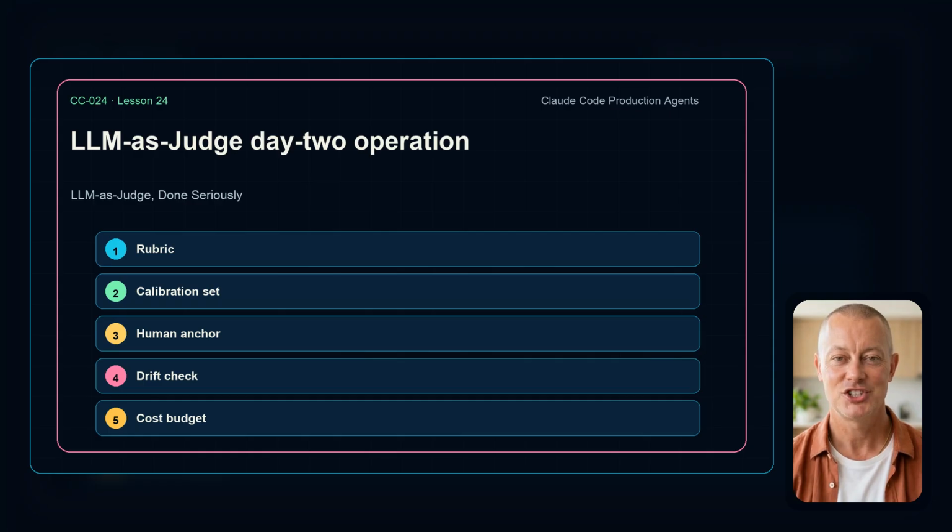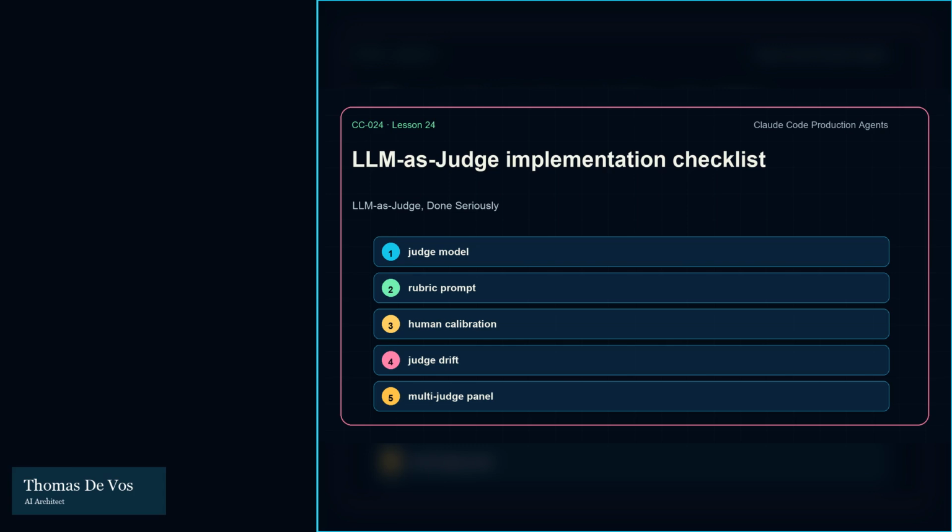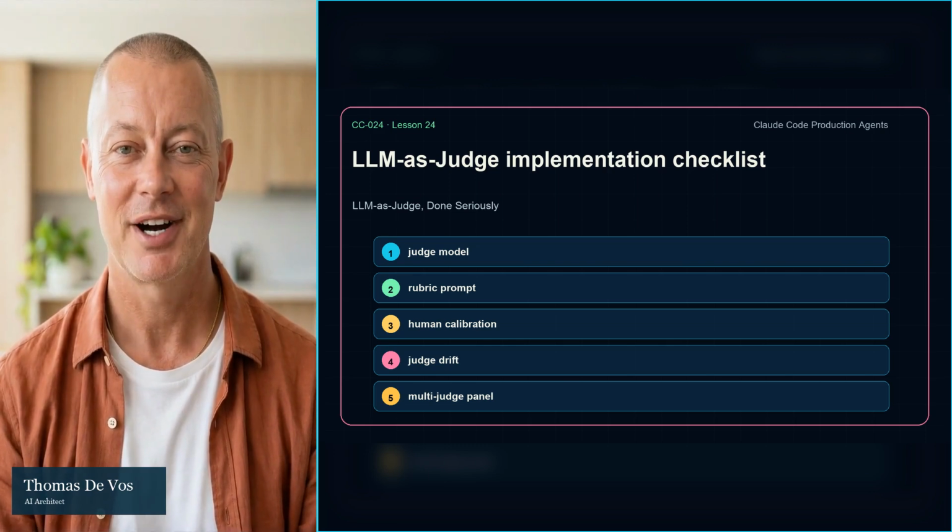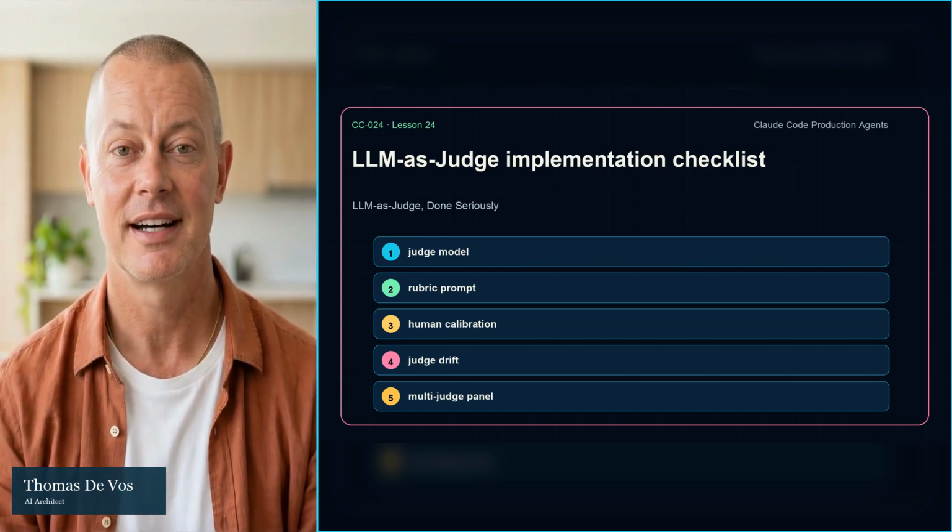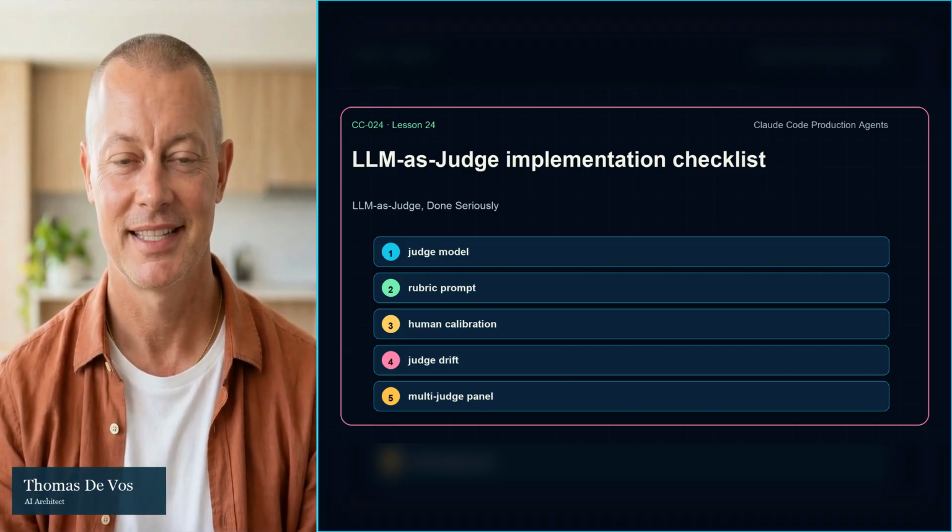Without that comparison path, the agent may change faster than the organization can understand. Use this implementation checklist before expanding scope: judge model, rubric prompt, human calibration, judge drift, multi-judge panel. Each item should produce a concrete artifact, not only a meeting note.